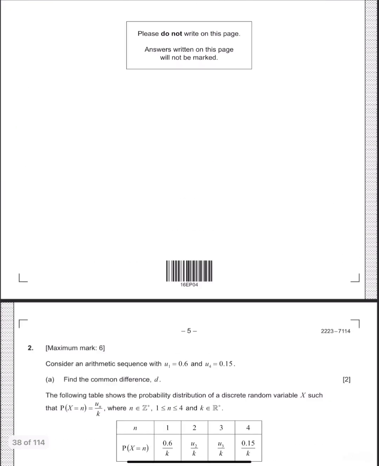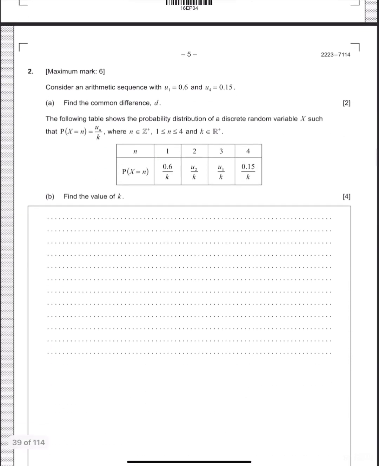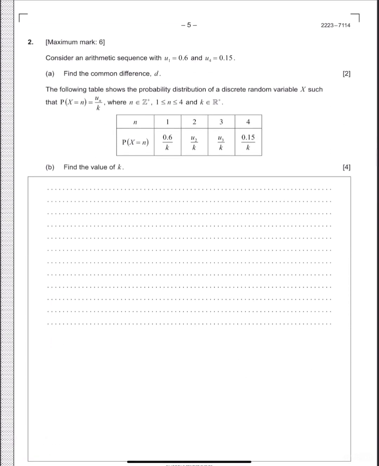Okay, so for the next question, they say consider an arithmetic sequence with u1 equal to 0.6 and u4 equal to 0.15. A, find the common difference d. And they told us that the following table shows the probability distribution of a discrete random variable x, that P of x is this. So find the value of k.